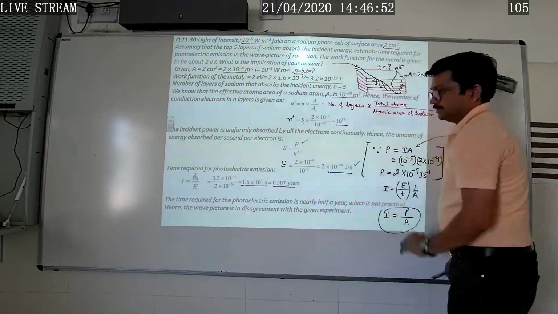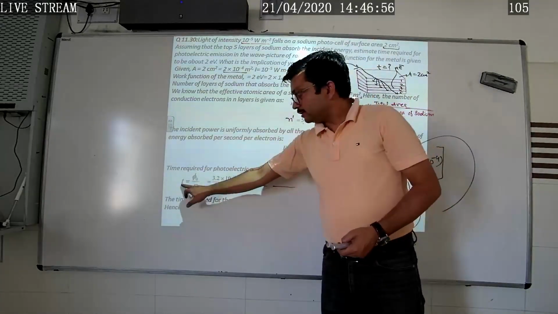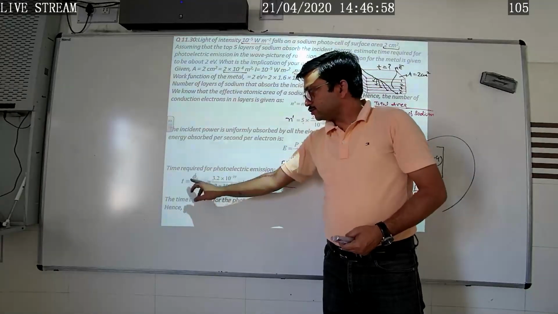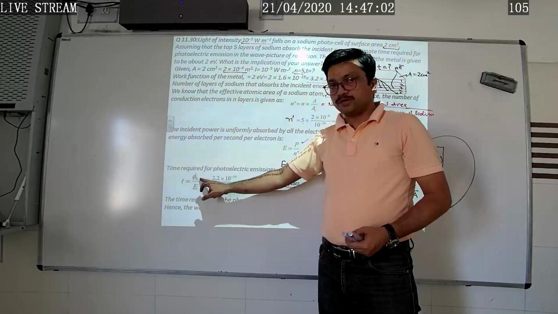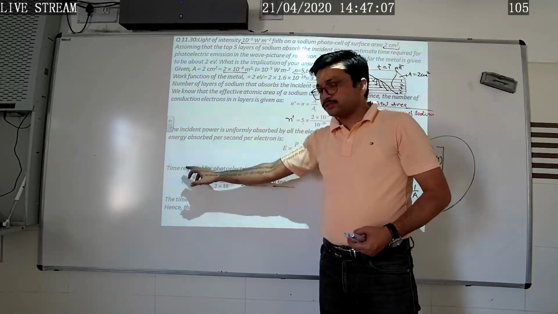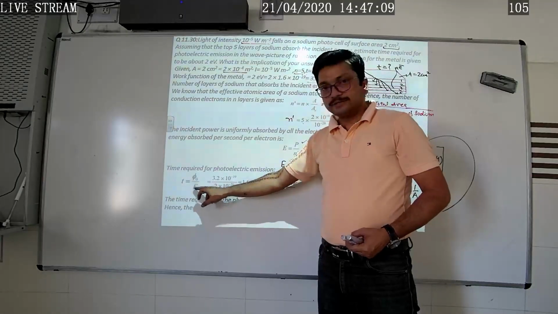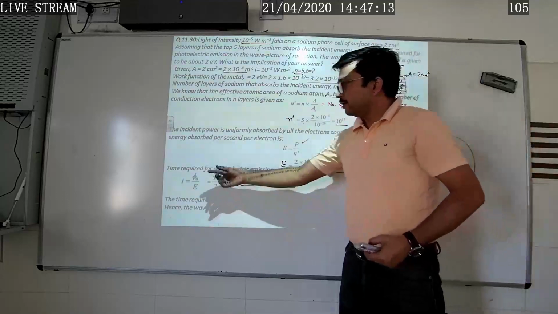This is E. Now the time required for photoelectric emission is t is equal to phi naught by E. Why? Because this is the work function, and we require the time, so total work function divided by the energy that is absorbed per second per electron.